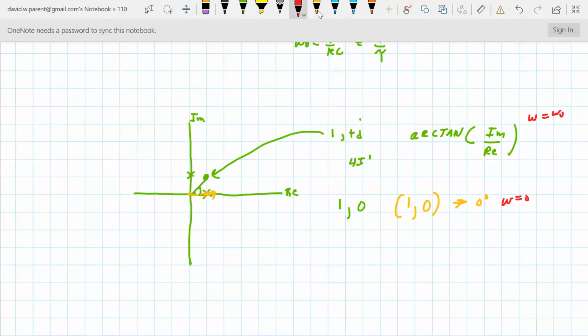Now, if I plotted the point 1, 2j, right? So I go over 1, go up 2. I can see that the phase is higher than 45. If I plot 1, 10j, this is 10 times that.